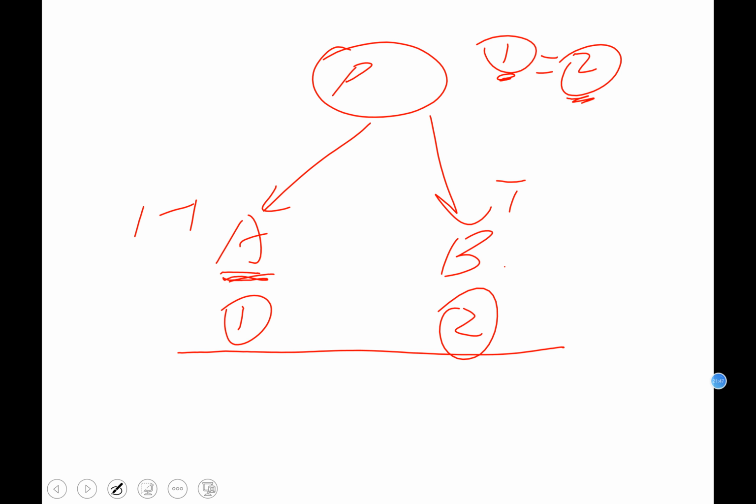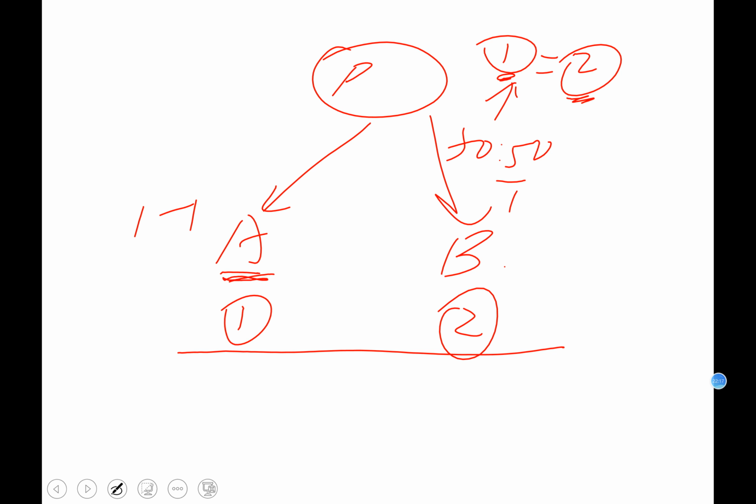So for number 1, the probability of getting into group A or group B is the same, also 50% to 50%. But the situation is totally different for number 2, because number 2 must be in a different group from number 1.